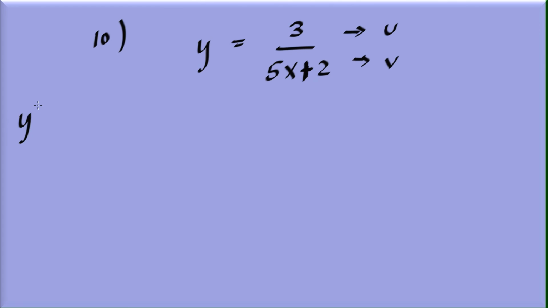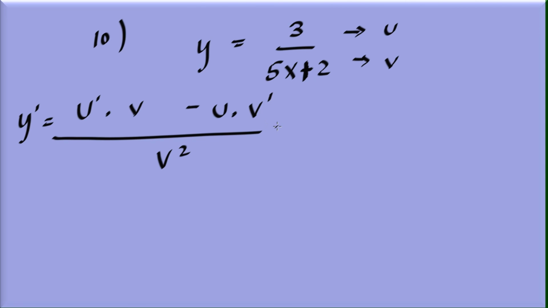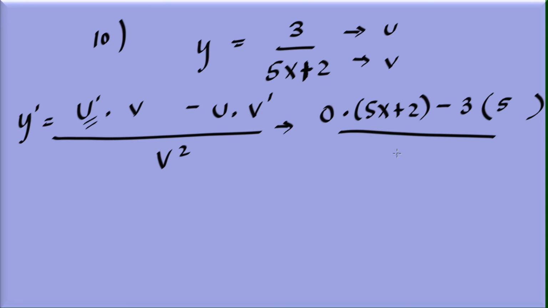So our derivative using the quotient rule says we have to take u prime times v minus u times v prime over the square of v. So what is u prime? u prime is 0 multiplied by v, which is your 5x plus 2, minus u, which is 3, multiplied by v prime, the derivative of 5x plus 2, which is 5, all over the square of v, which is 5x plus 2 squared.